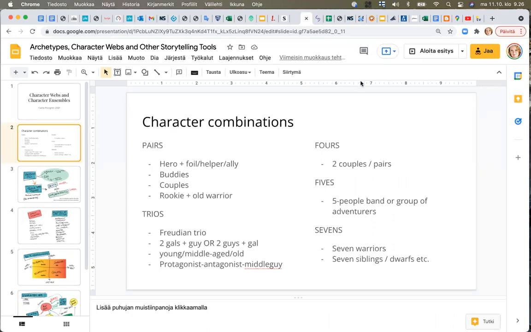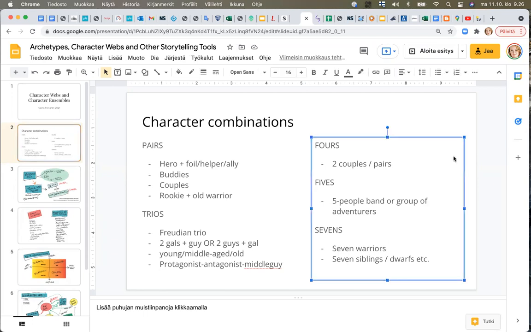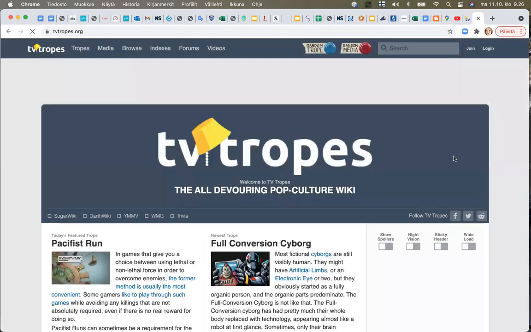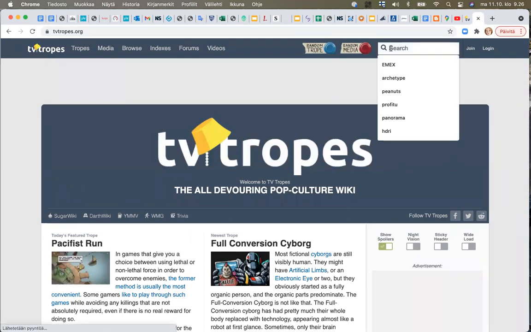Okay, let's go to TV Tropes and see what they have to say. I mean, you have probably also read TV Tropes at some point in your lives. It's easy to get stuck there also. So let's see, foil.